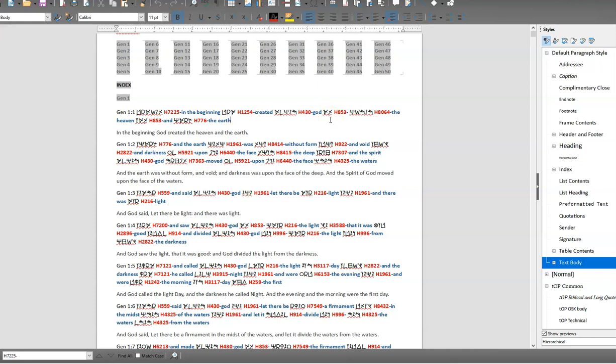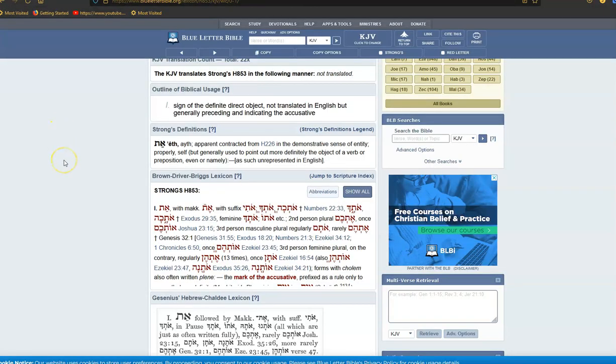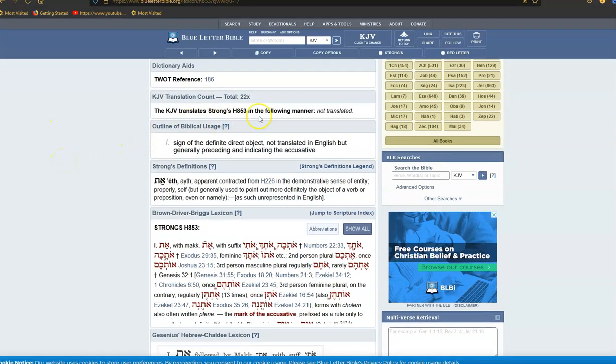You'll find, if you check the Strongs, that et as H853 is defined as basically the sign of the definite direct object. So as we see in the Blue Letter Bible's definition of Strong's H853, sign of the definite direct object not translated in English, but generally preceding and indicating the accusative.